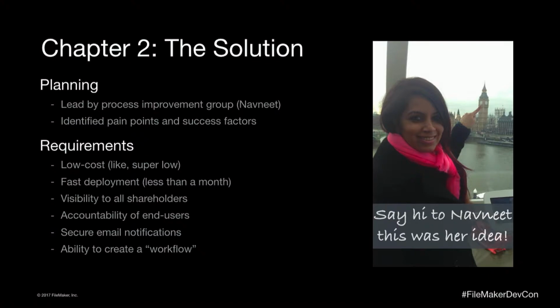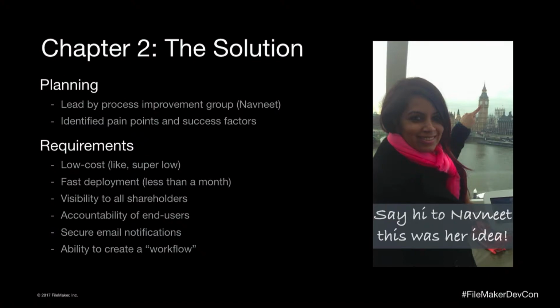For example, if someone did not respond to an email or did not respond to a request for information, they wanted to know immediately before it became a problem. We wanted to be able to send secure email communication, and I know email's not super secure, but I'll tell you how we handle that. And we wanted the ability to create a workflow around the whole process.